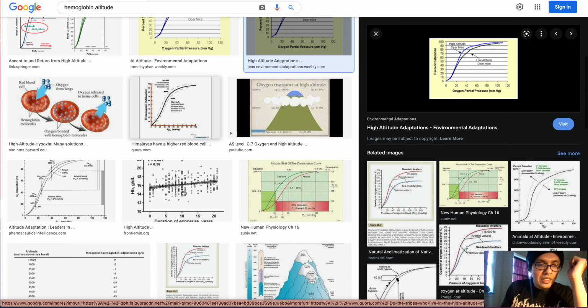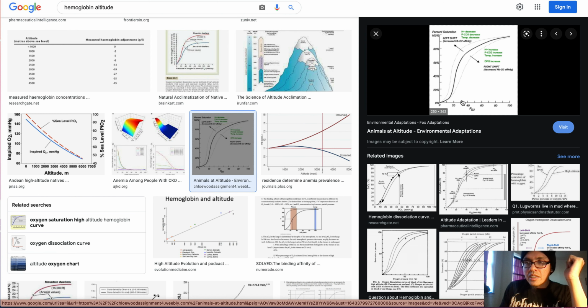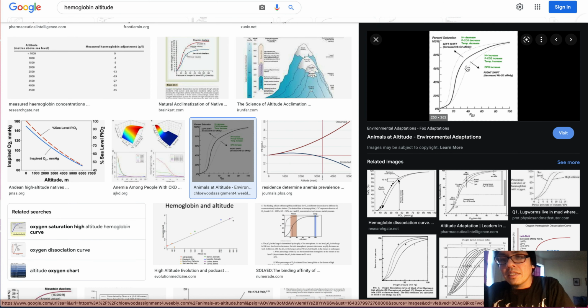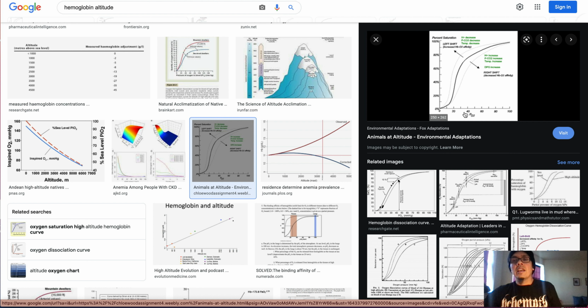And let me find a good curve for that. It goes over to the right, and that means that the oxygen releases more effectively in lower partial pressure areas, which is your standard tissue.